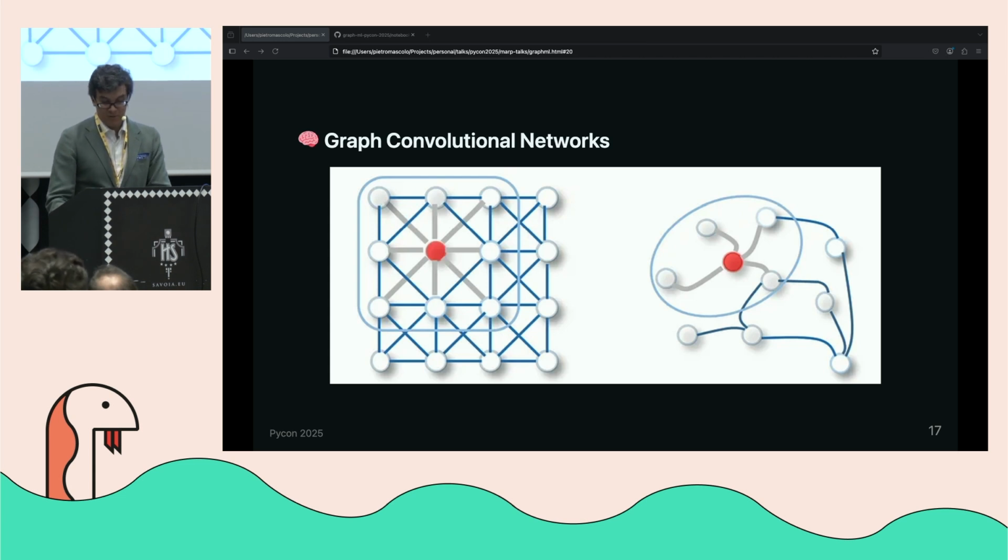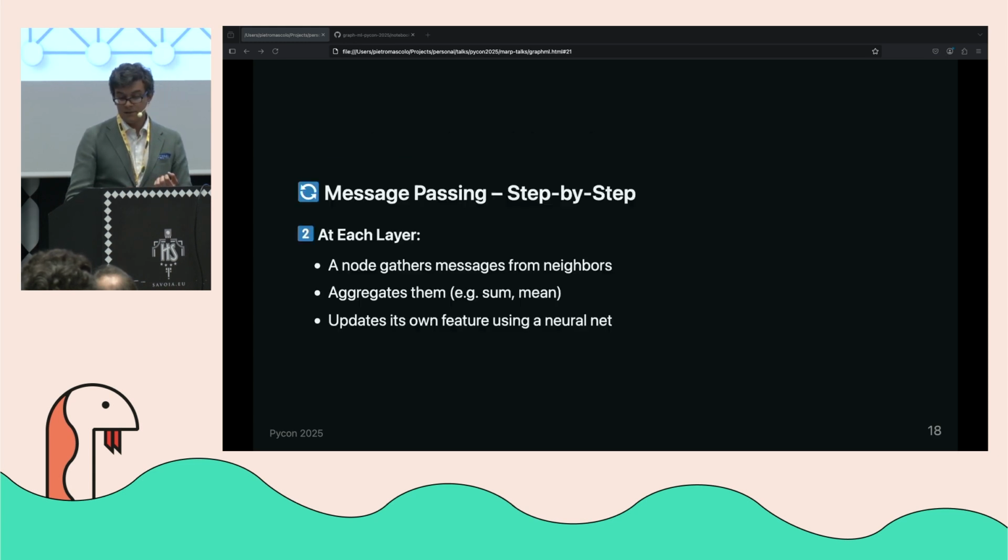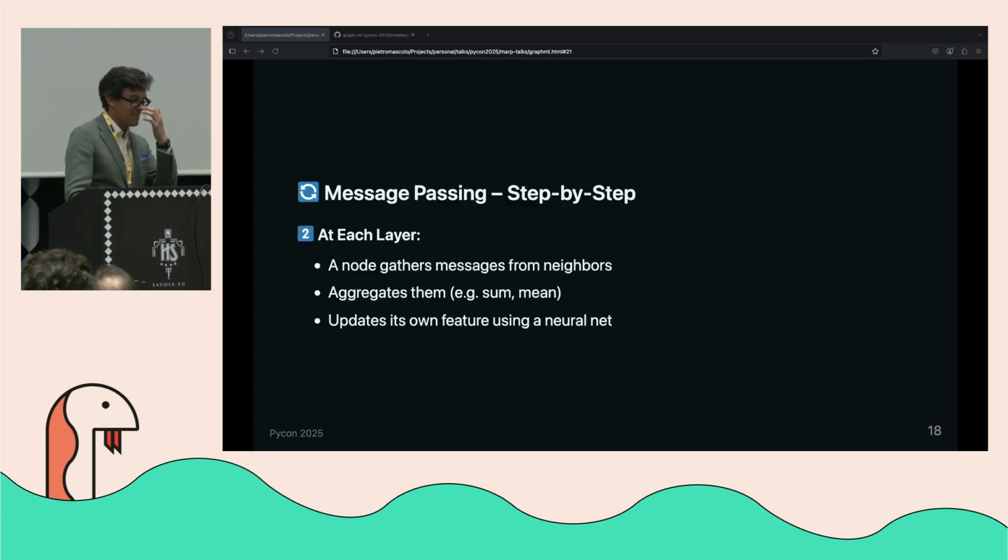That's a very simple analogy there. And the mechanism through which each node learns through its neighbors is called message passing, which is actually very similar to its convolutional analog.